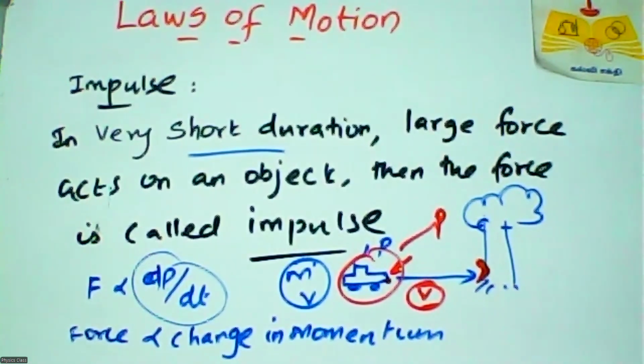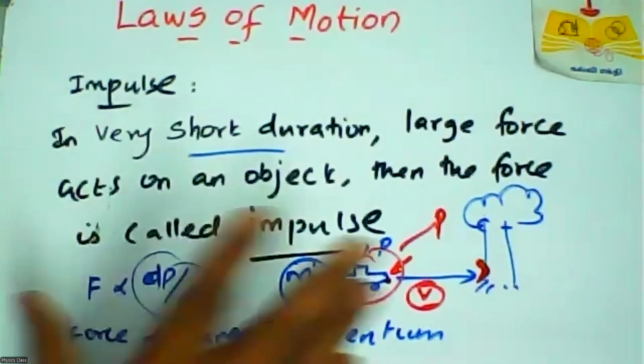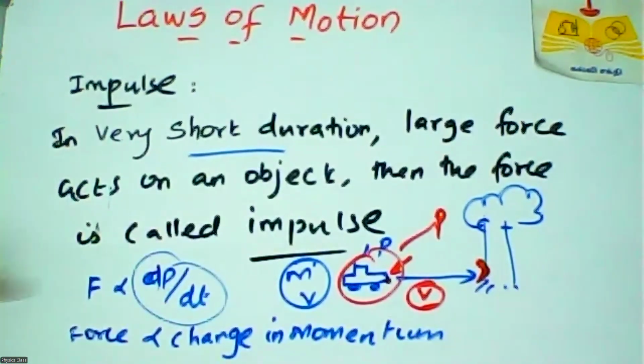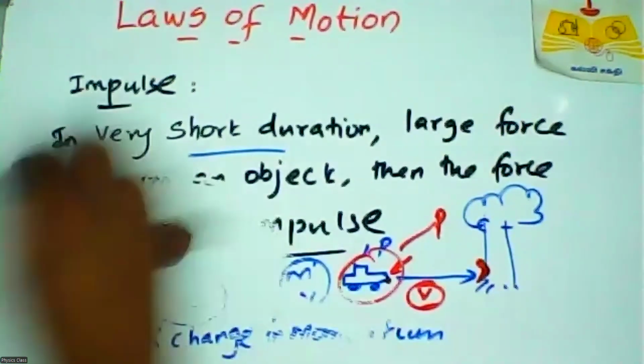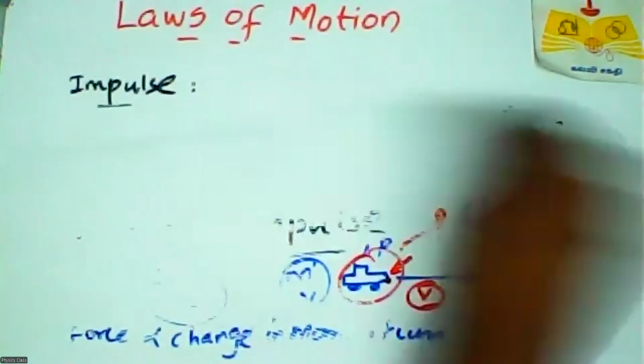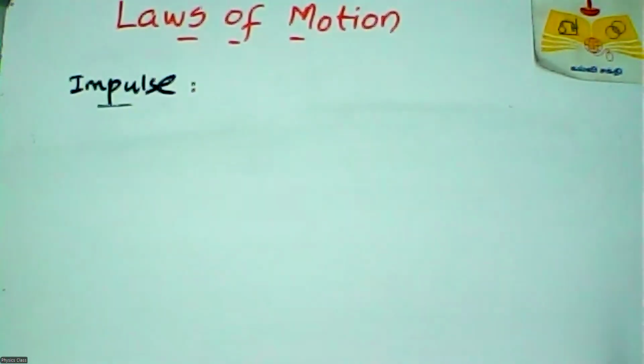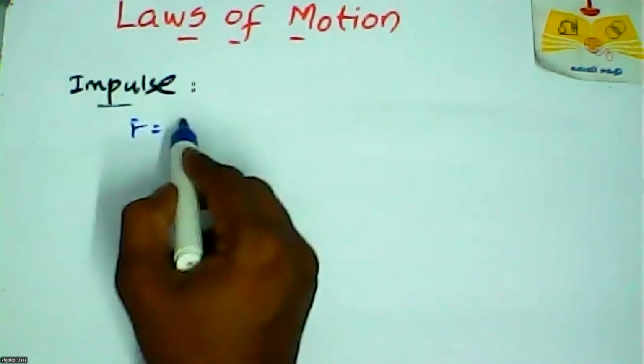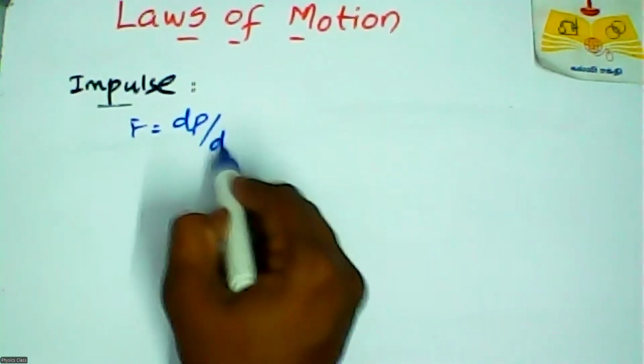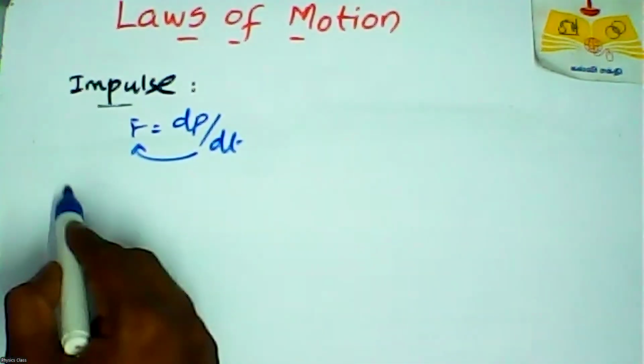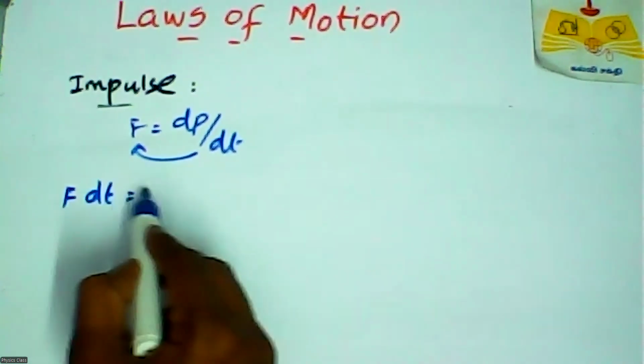From Newton's second law, we know that F is equal to dp by dt. So I can take F equals dp by dt, and dt goes here, so F dt equals dp.